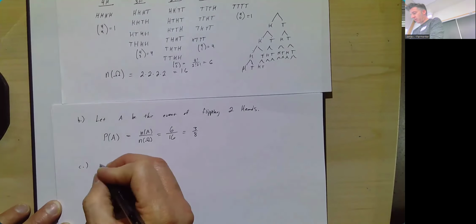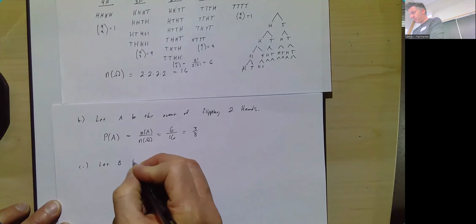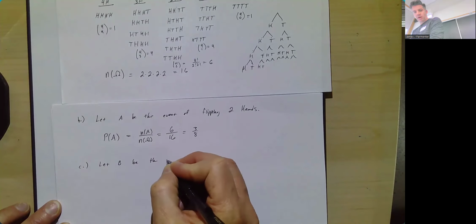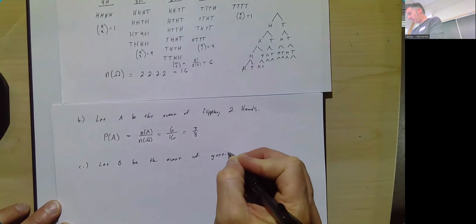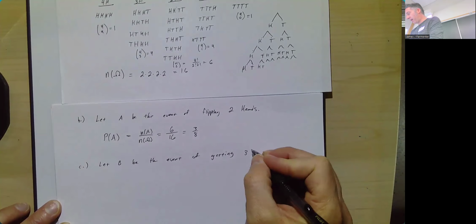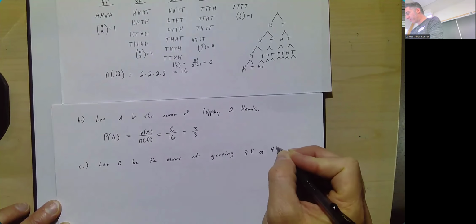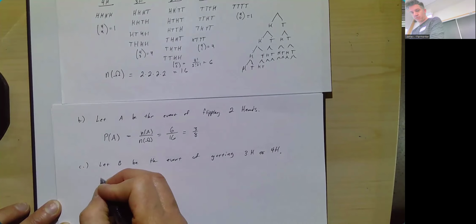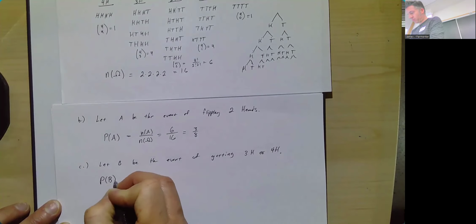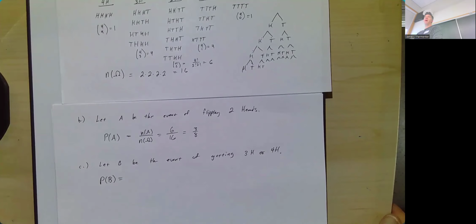Okay, let B be the event of getting 3 heads or 4 heads. What's the probability of B? Well, how many ways can we get 3 heads? How many ways can we get 4 heads?